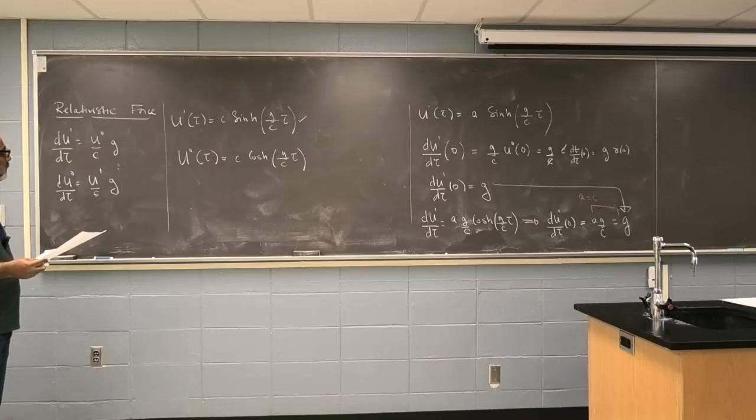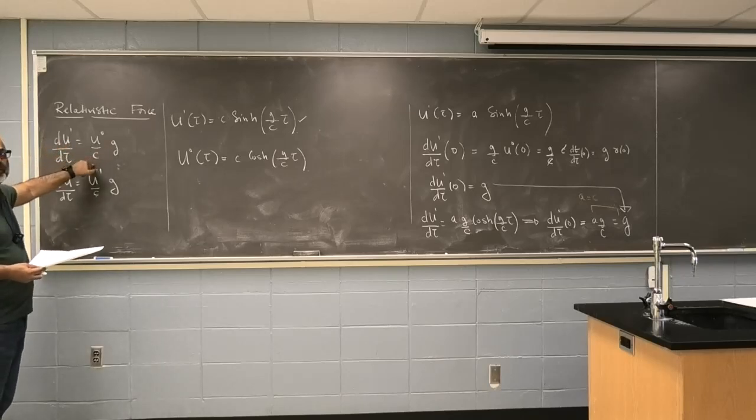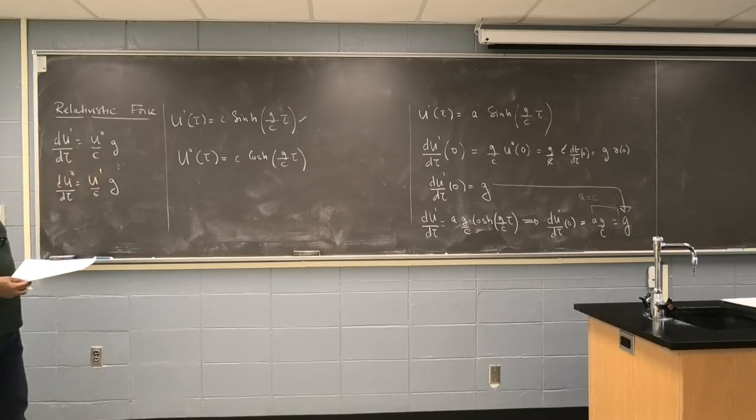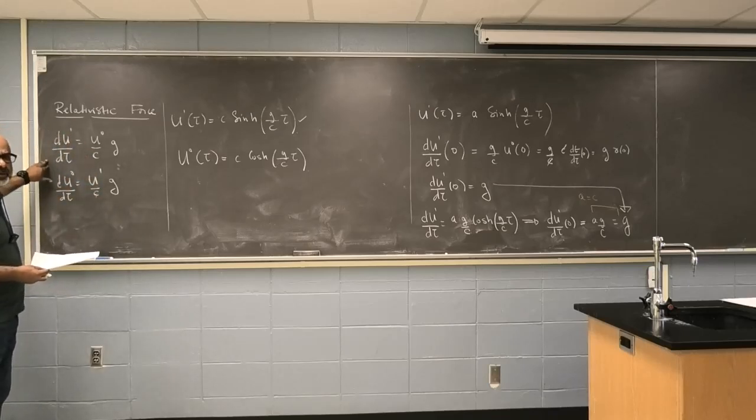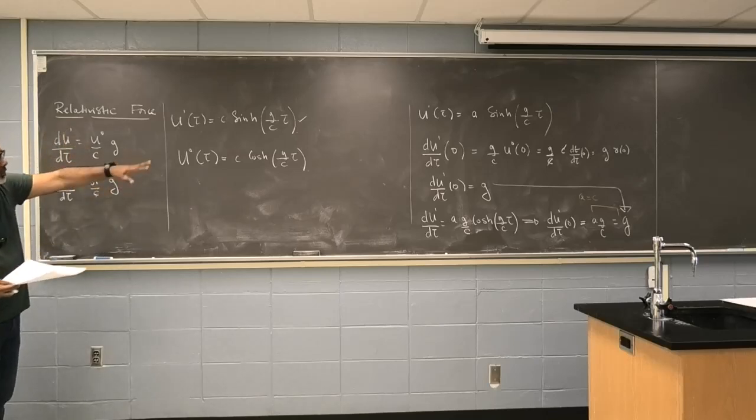Just comes out to be exactly that, because the derivative of sinh is cosh, and one of the g's goes away. There's a g over c over here. And when you solve it to the other side, it's g over c, you have c over g, so that goes away completely. You get these nice expressions.